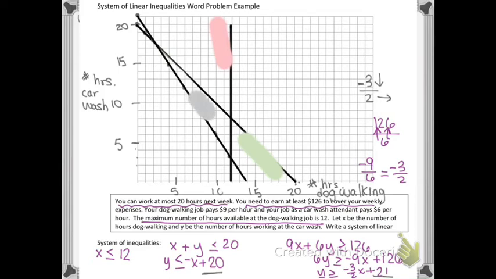Okay, so I can kind of see where my shading is going to be. It's going to be to the left of that vertical line, beneath that first slanted line I drew and above the other one. Since it looks like the shading is going to be a bit of a mess, I'm just going to shade where the 3 regions would overlap, right in here.